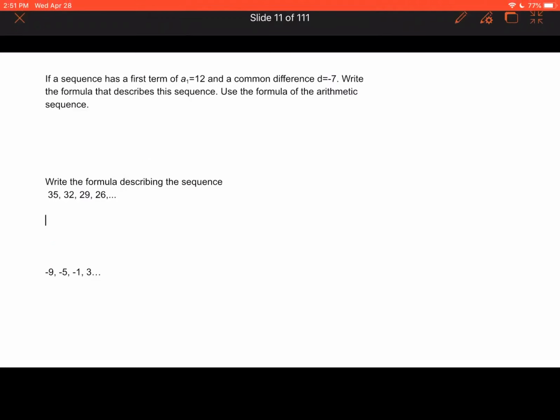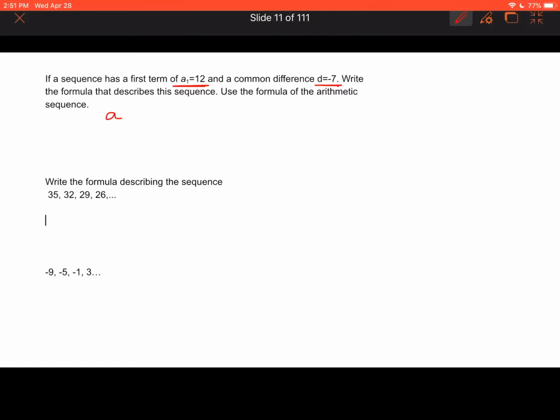Okay, if a sequence has a1 equal to 12 and D is minus 5, write the formula that describes this sequence. Use this formula of arithmetic sequence.